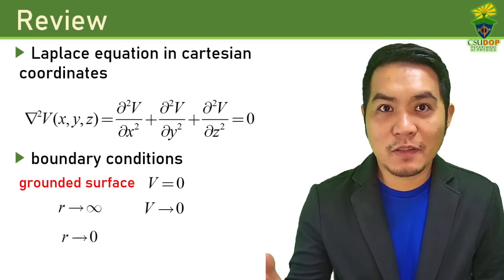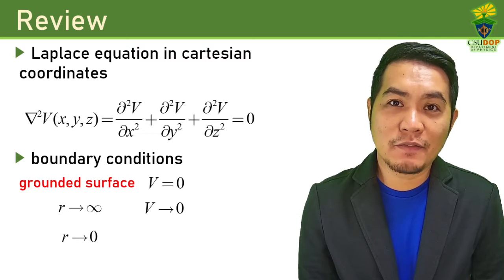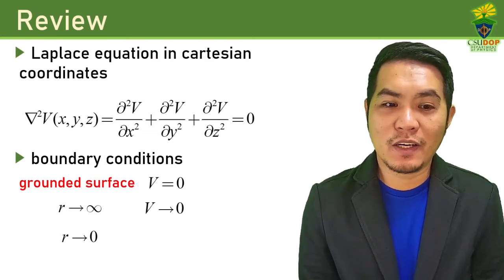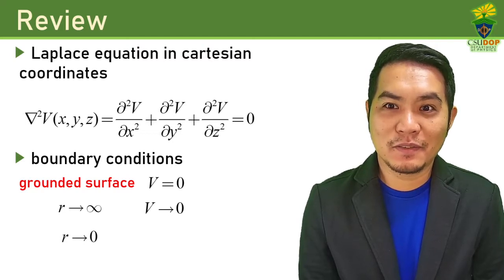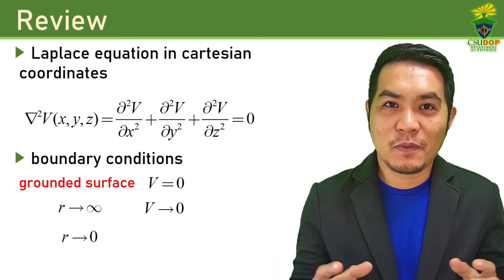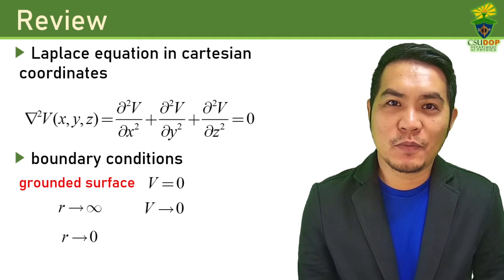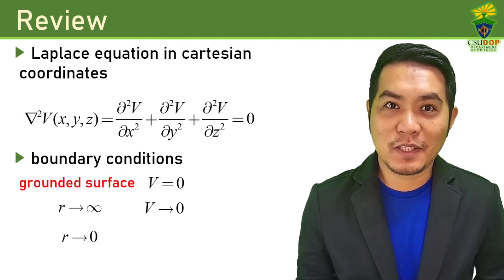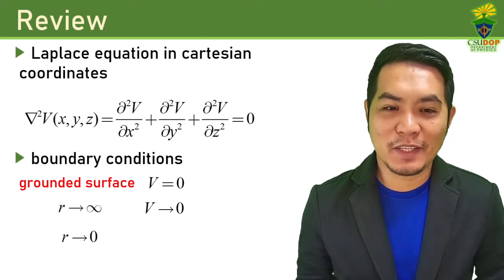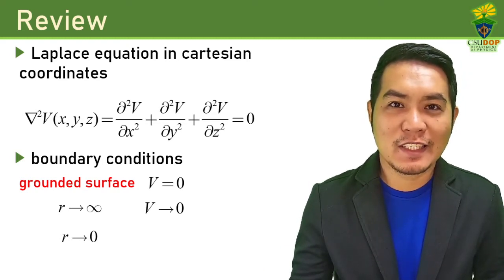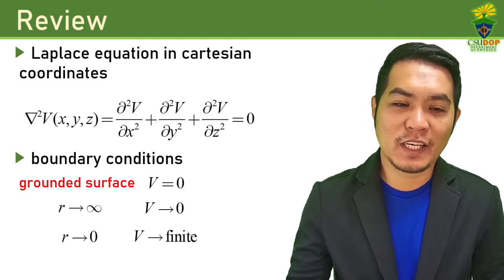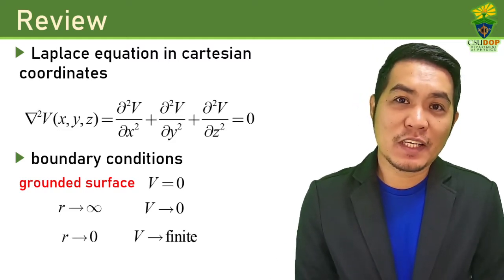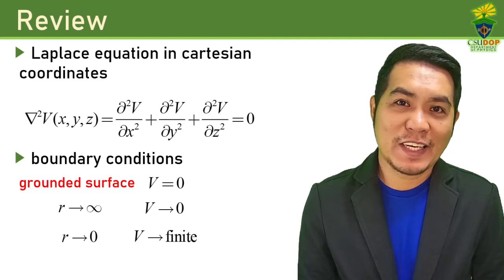Because the potential V depends inversely on R, when R approaches 0, if you take the Coulomb's law equation, for example, kq over r, at r equal to 0, the potential becomes infinite. But we can set a condition for that: even though r approaches 0, the potential must be finite.